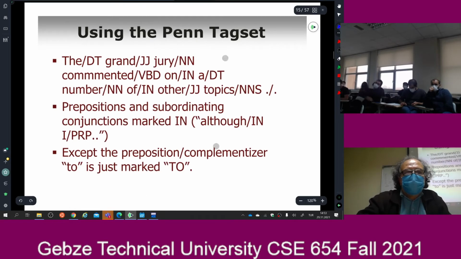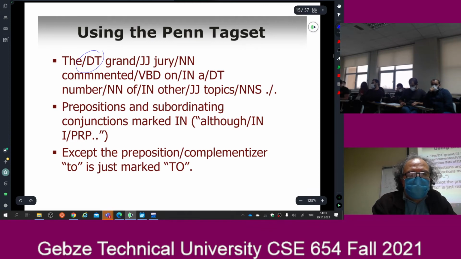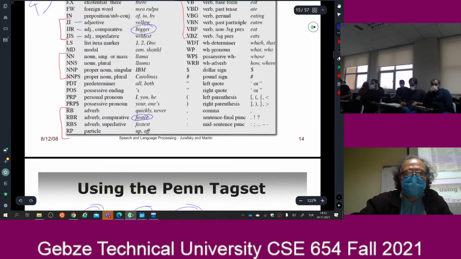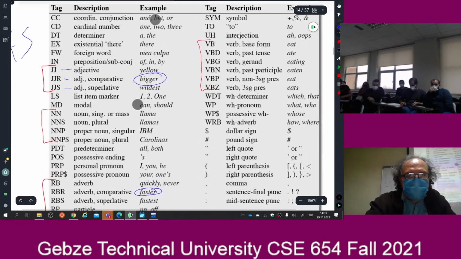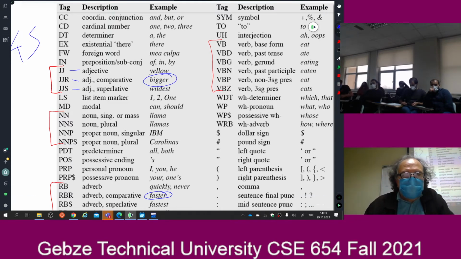One example: the grand jury commented on a number of other topics. So for each word, I marked it with a determiner, adjective, noun, verb, past tense, preposition. In doesn't have its own class.